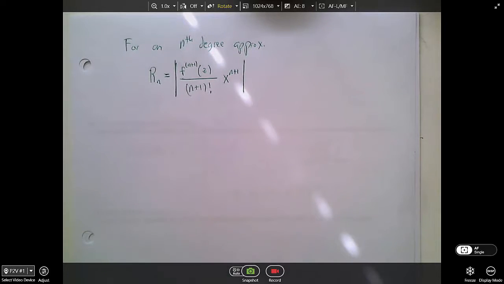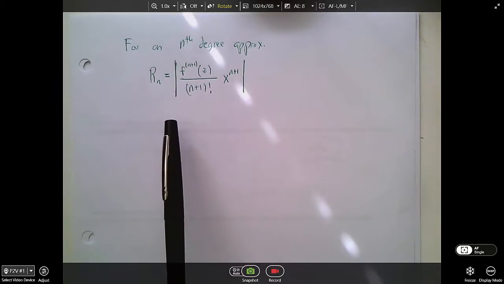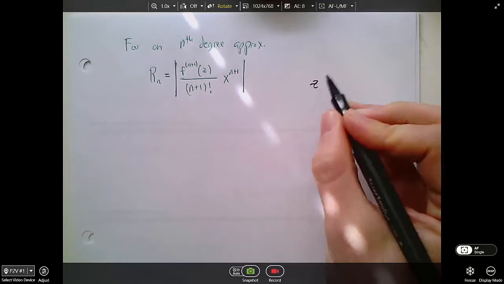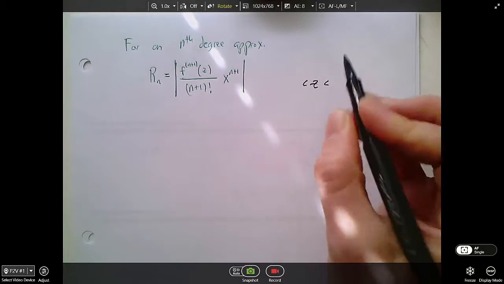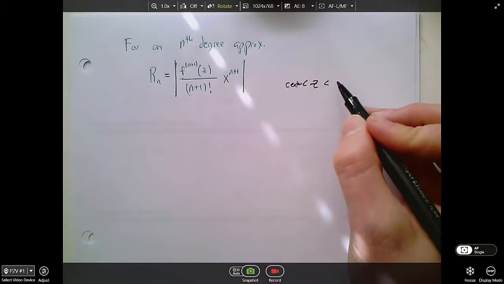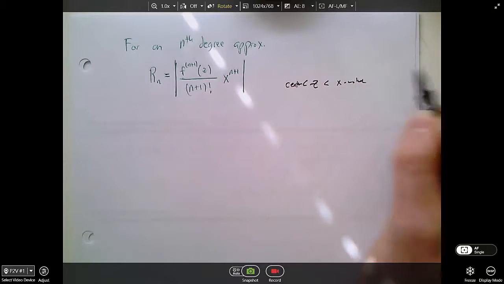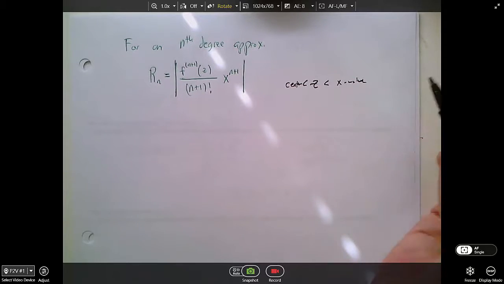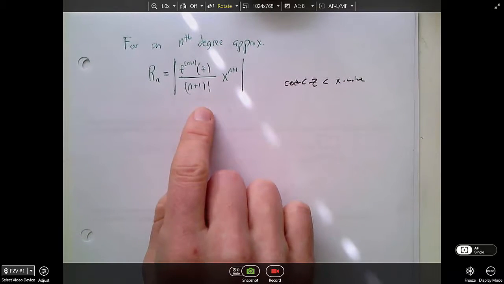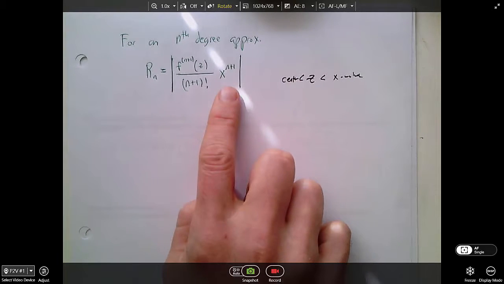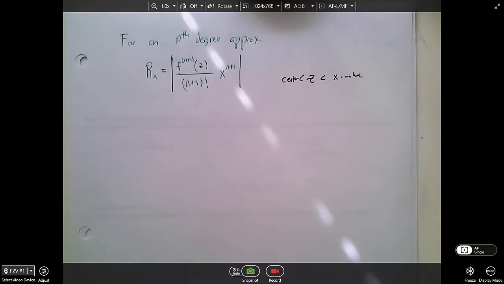We know that for an n-degree approximation, the magnitude of the error is given by the n plus first derivative evaluated at z, where z is some mystery number that's between the center, which in our case is 0, and the x value that we're evaluating at. So that could be -2 or it could be +2. Divided by n plus 1 factorial times x to the n plus 1. This is for a Maclaurin series. If it were a Taylor series centered somewhere else, this term, of course, would be different.